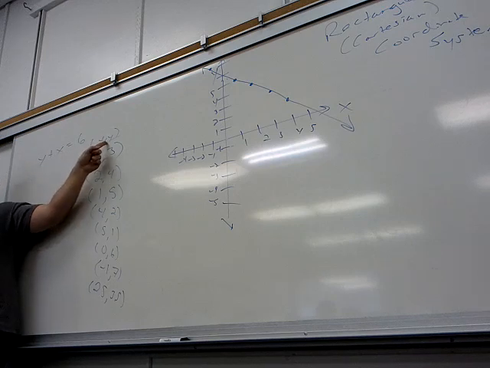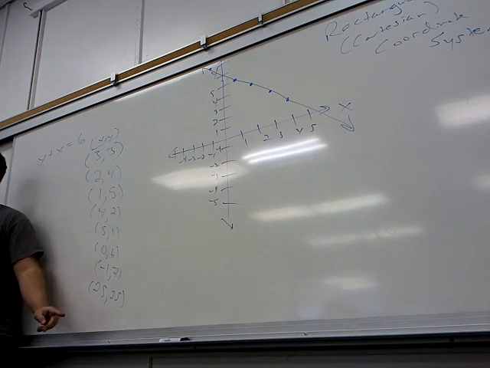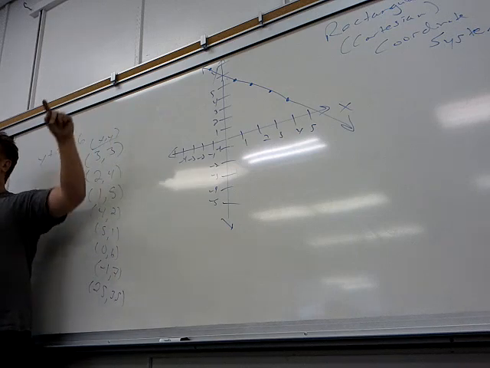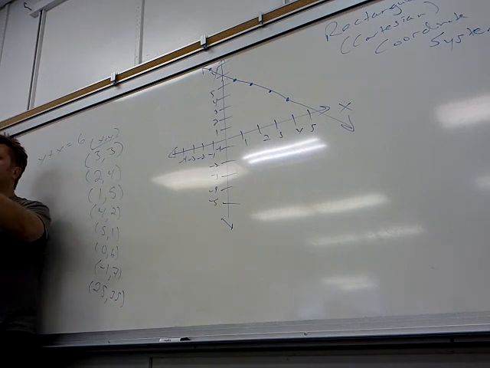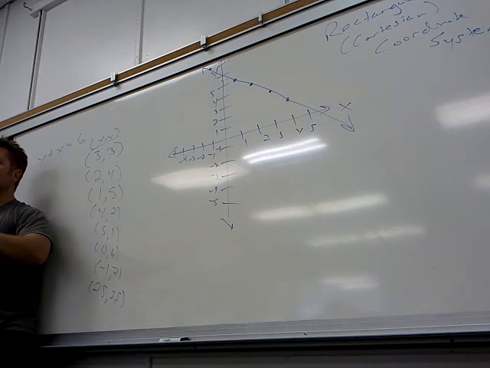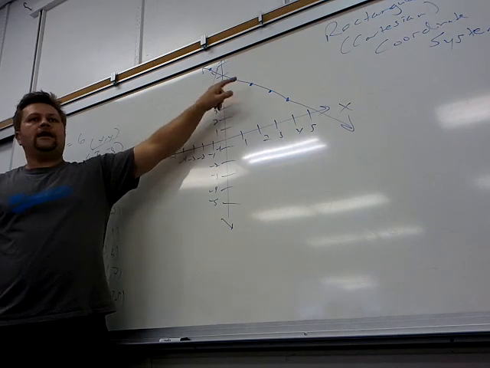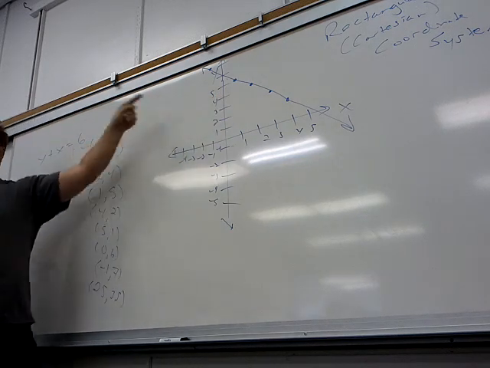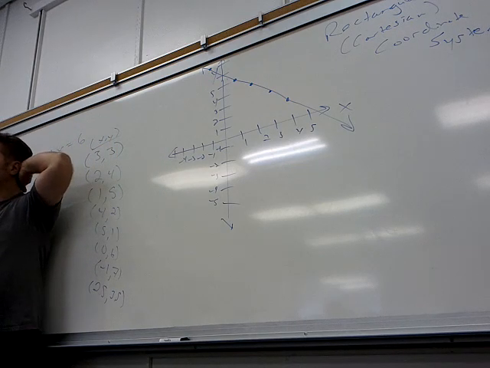It would take me the rest of my life and all of my children and grandchildren and great-grandchildren, and they still would be halfway through making this stupid list. Instead, I plot a few points, make a line, and say, there's the answer. So the simplest explanation of what a graph is, at the most basic part of it, and actually the most powerful thing, is that it is all the answers to an equation in visual form. That's what a graph is.